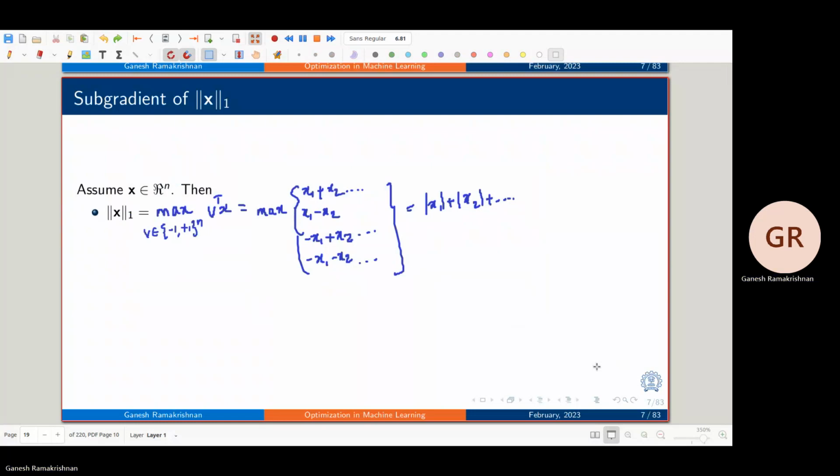Is that possible? Let's say I'll show some examples. If I have x is -1, 0, 1, that's a simple vector. What are the values of s that can give me the norm? Let me take it slowly. This is very simple.